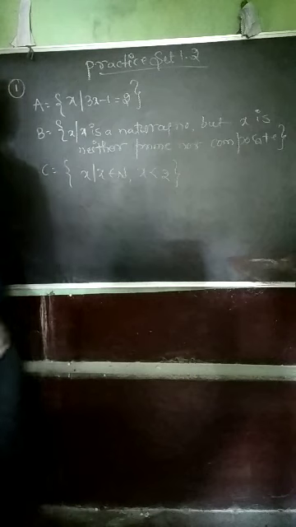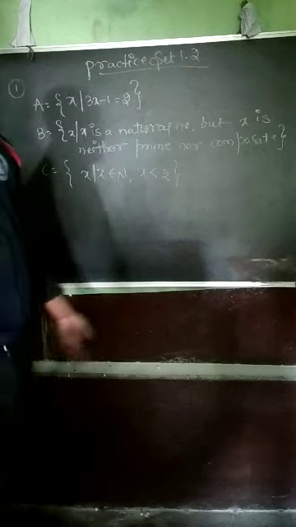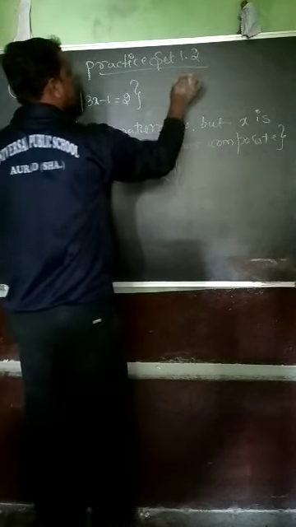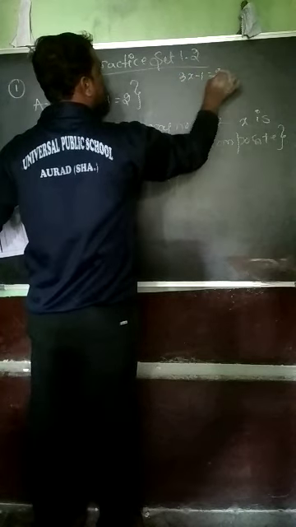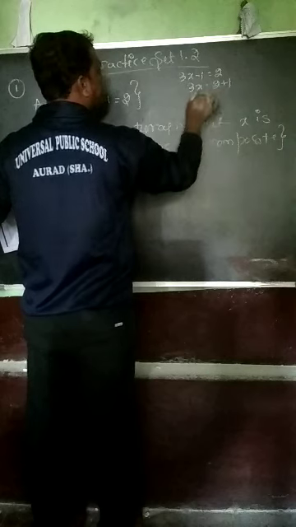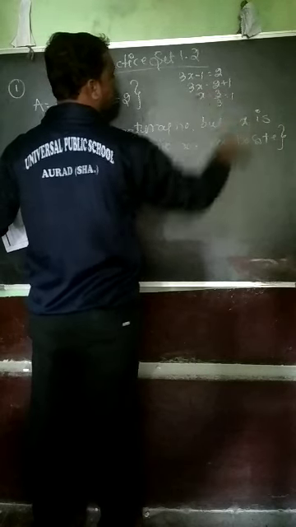See here, they gave three examples and they ask whether the given three sets are equal or not. See here, 3x minus 1 is equal to 2, 3x is equal to 2 plus 1, and x is equal to 3 by 3, which is equal to 1.